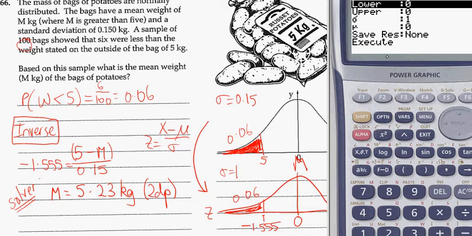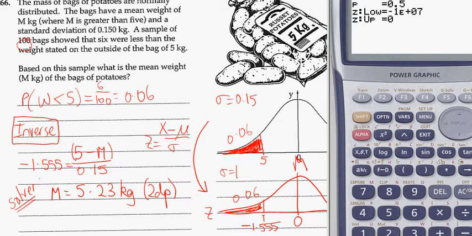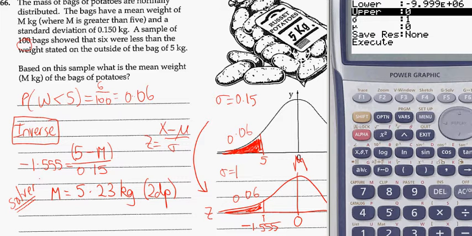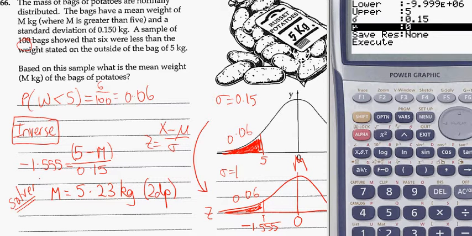Distribution, normal, and we'll treat it as a forwards one, a lower bound of negative 99, a very small number, an upper bound of 5, standard deviation 0.15, and let's put in that mean we think the answer is, 5.23.